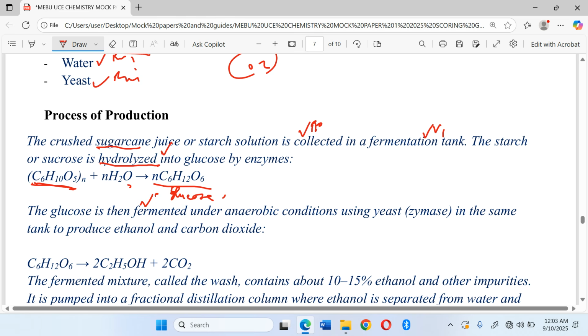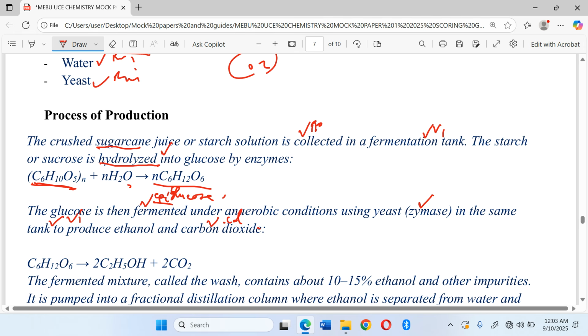This is a chemical process that is going to take place, using yeast, zymase, are you there? In the same tank. Of course, the tank becomes the vessel to produce ethanol. This is the conversion to the desired product.